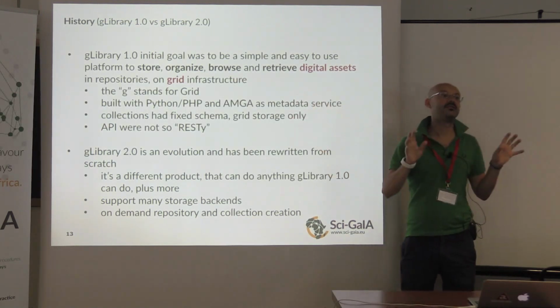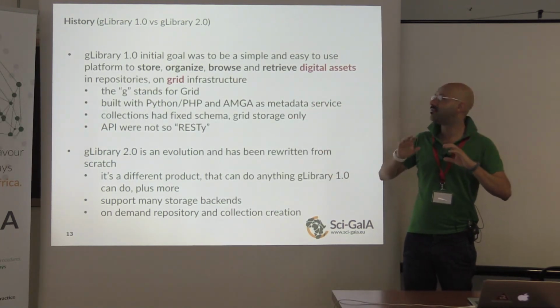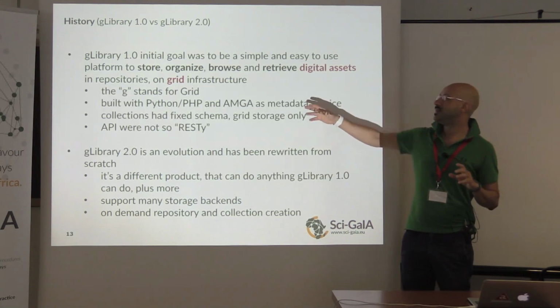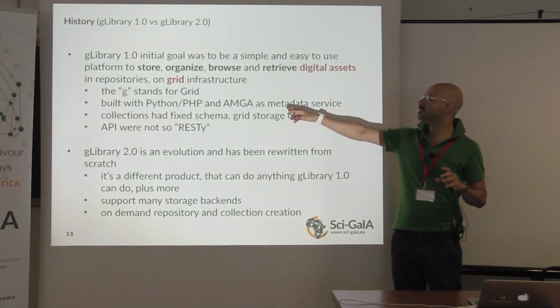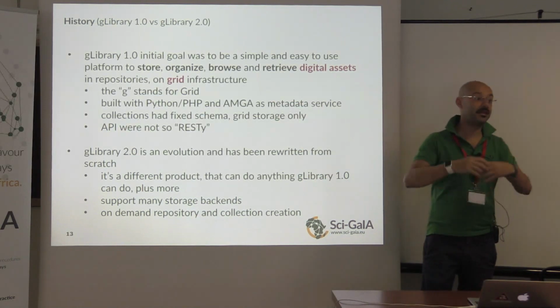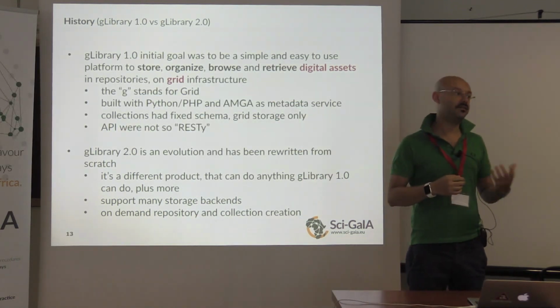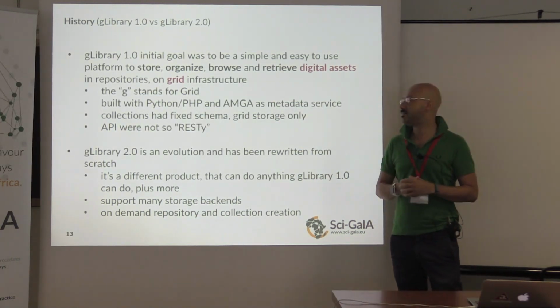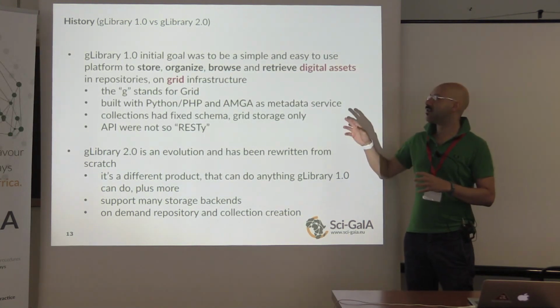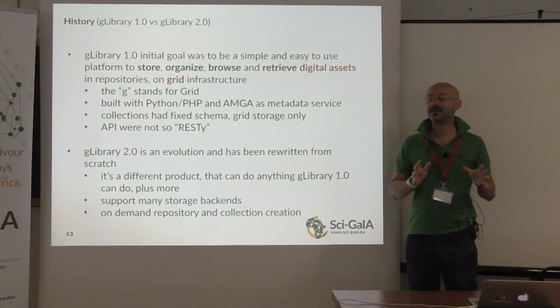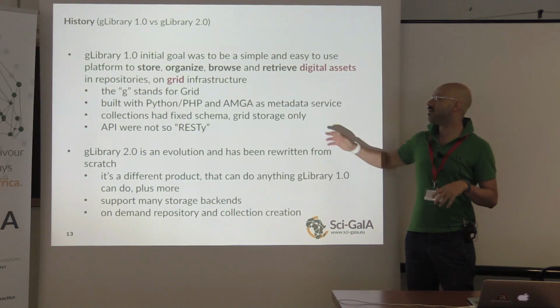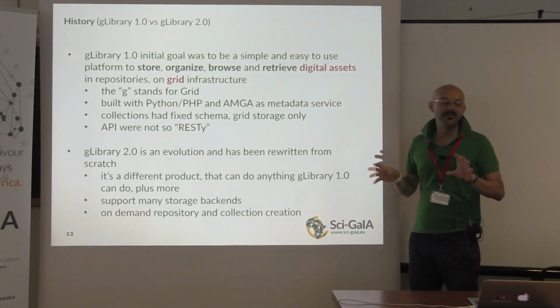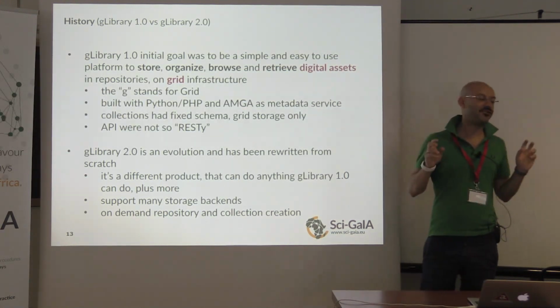So it was designed for grid. It was built in Python and PHP. It used AMGA as a metadata service that was developed during EGI projects, collections with a fixed schema, grid-only storage, and the API was not so RESTy.